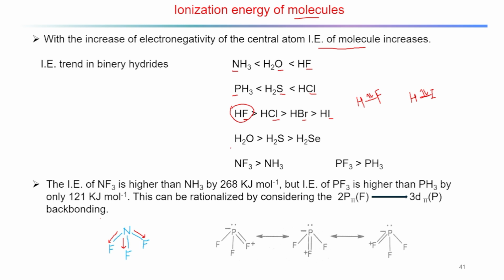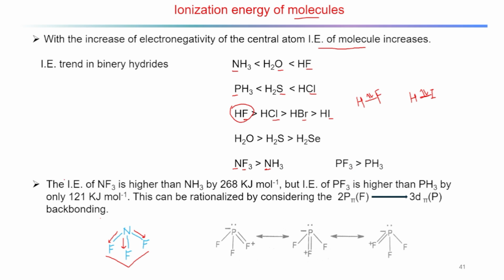Now similarly you can see these other examples. NF3 will have higher ionization energy compared to NH3, and PF3 will have higher ionization energy compared to PH3. This one I have to explain. NF3 has higher ionization energy compared to NH3, but PF3 is also higher compared to PH3, but the amount is not as significantly high as expected.